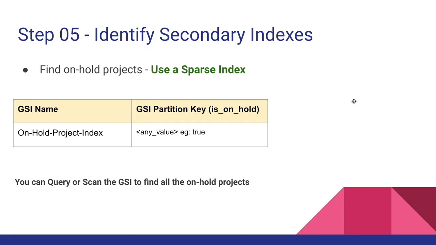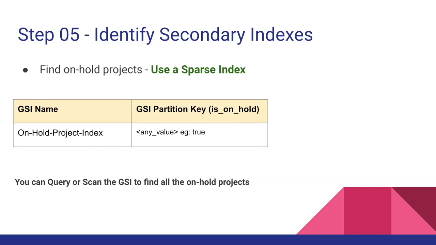So that is called sparse indexing. So GSIs are in general sparse indexes. So what we can do next is we can then use either query or scan on this GSI. We can use either scan or query because that particular index table will contain all the records about on-hold projects. It doesn't contain anything else.